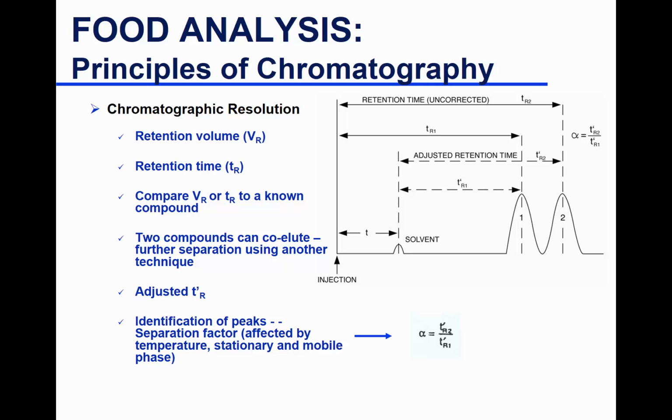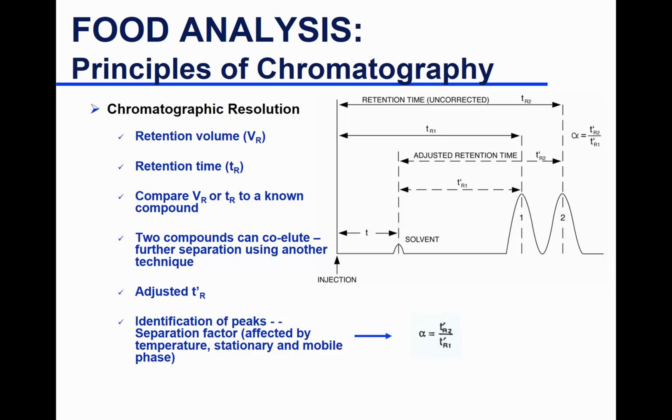There is also t prime here, which is an adjusted retention time, because you have something called the void volume. We talked about that last time. The volume from injection to here, nothing is coming out, supposedly. You don't want anything to come out here.